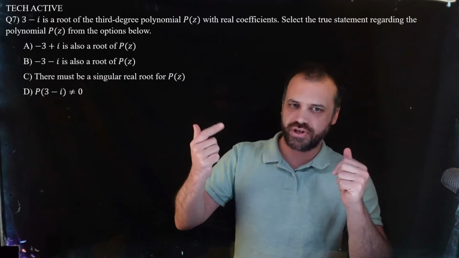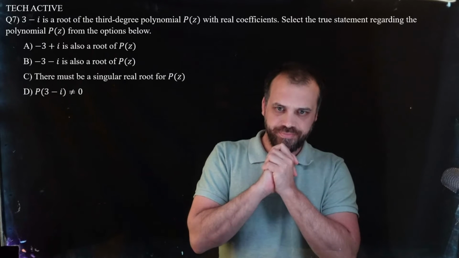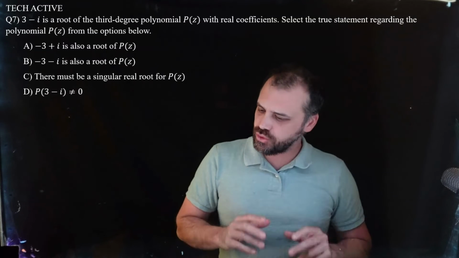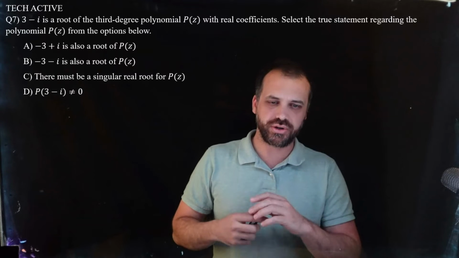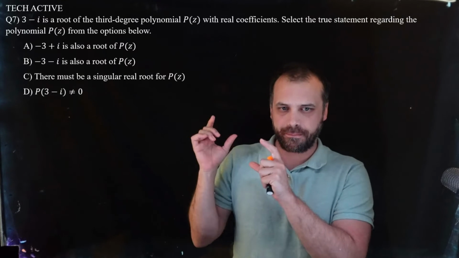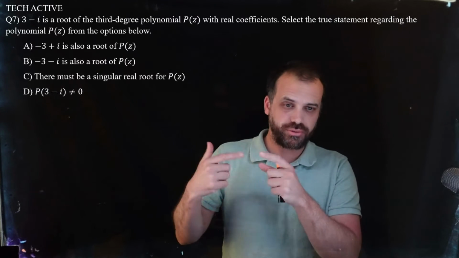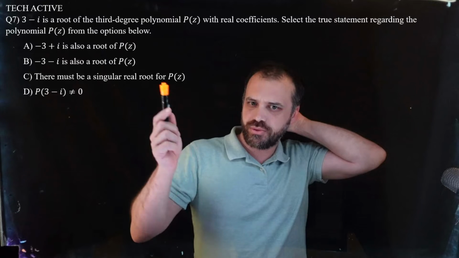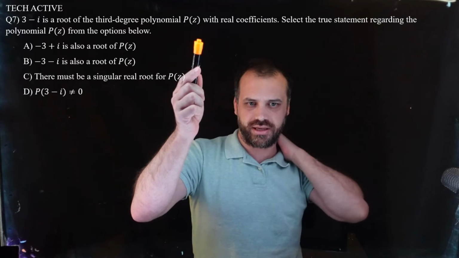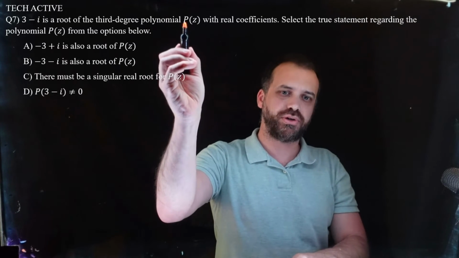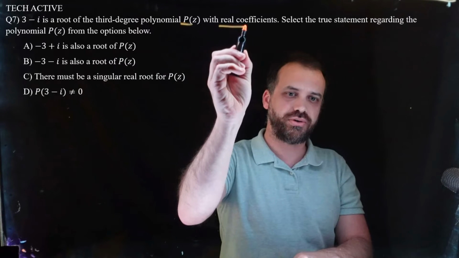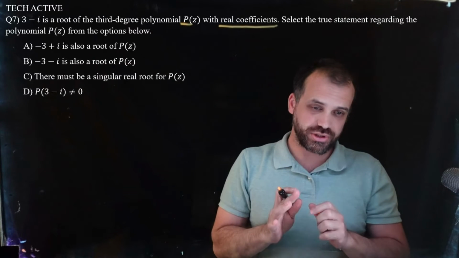Okay, pause the video, have a look at it, have a think about it. Alright, good question here because it really tests your knowledge of what's going on with polynomials over C, complex numbers. So we've got a polynomial, P(z), and it's got real coefficients. The fact that the polynomial has real coefficients is important.